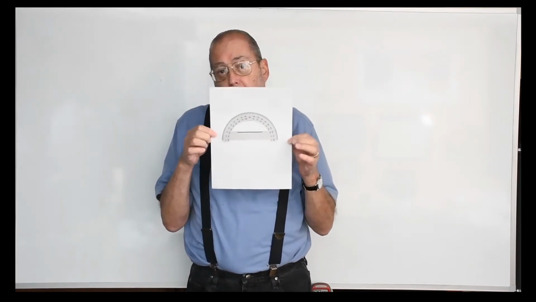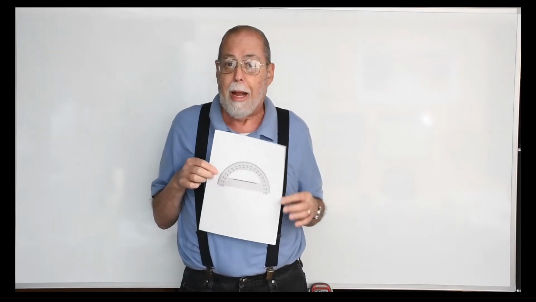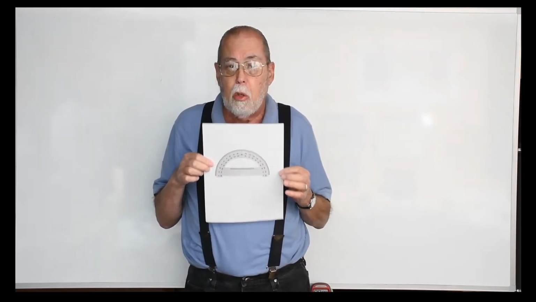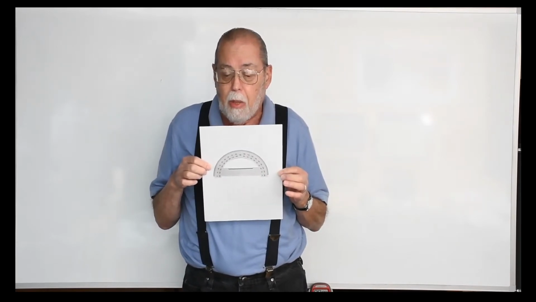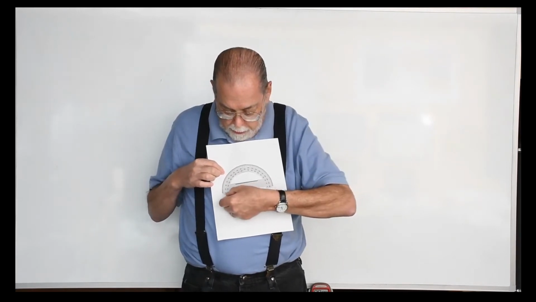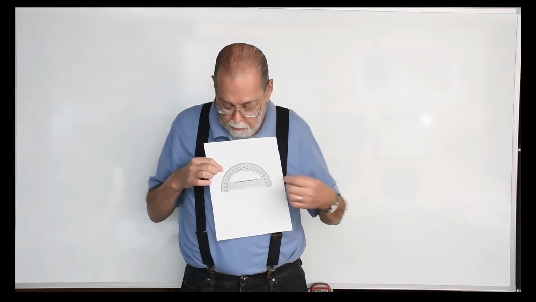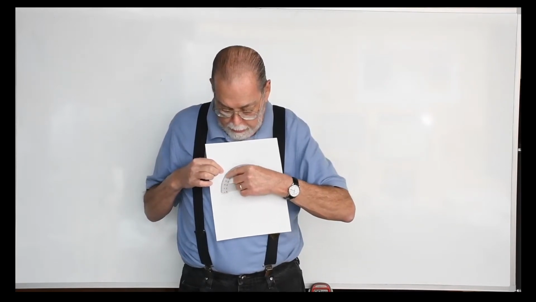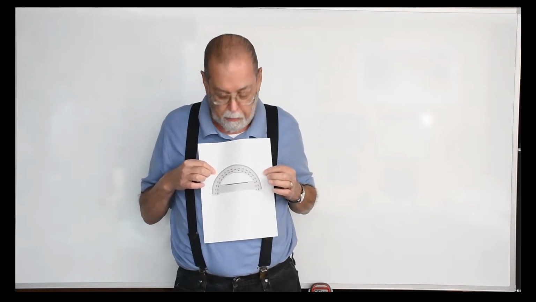And if you take this and carefully cut out the protractor, you will be able to use it in today's exercise. When you cut it out, it's important to cut directly across the bottom and very accurately around the top semicircle.